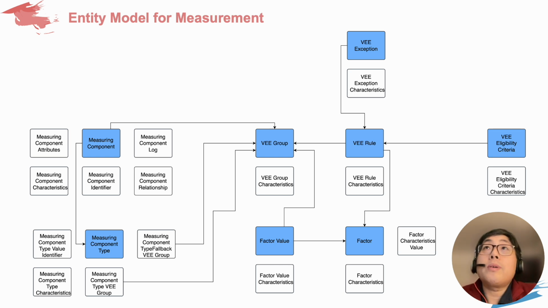VE rules can throw exceptions with different severities, like informational, issue, and exception terminate. And then we look at the factor values, because one feature it has is using the VE matrix to decide which group of VE rules to run at runtime based on the factor value.